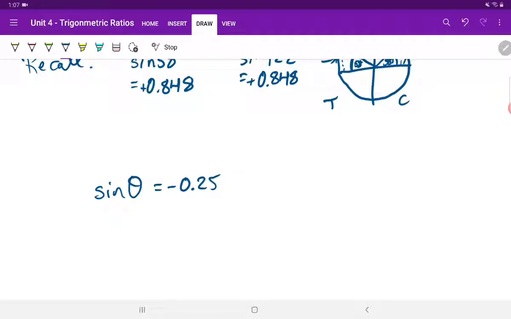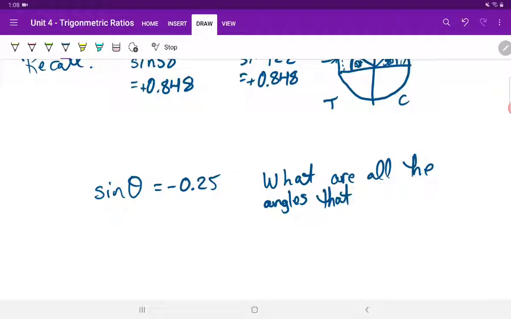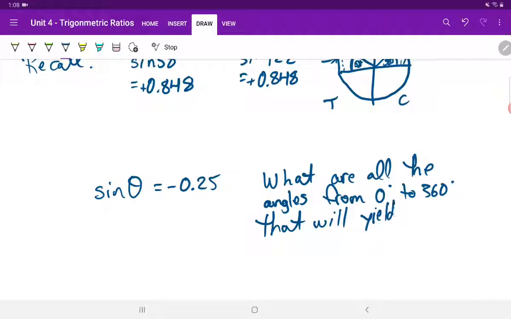And the question could be something like, what are all the angles from 0 to 360 that will yield this ratio for sine.